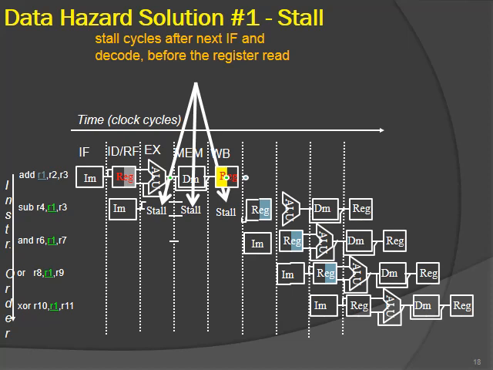So this data will be used for the second instruction in the next cycle. At the 6th clock cycle, this register data will be used for the second instruction, that is the subtraction instruction. In this way we can deal with the data hazard by inserting stalls in the clock cycles.